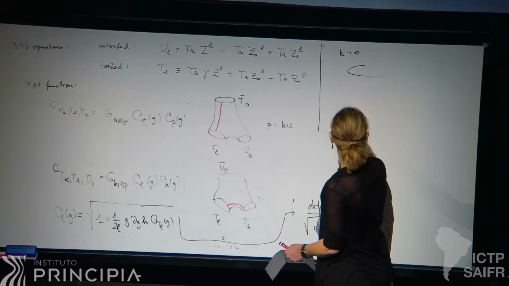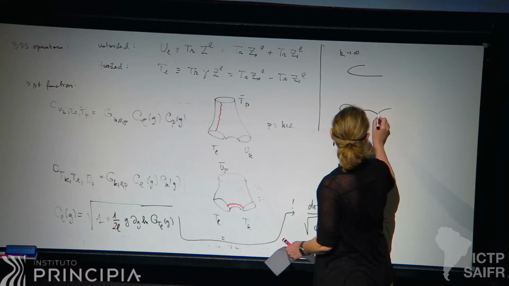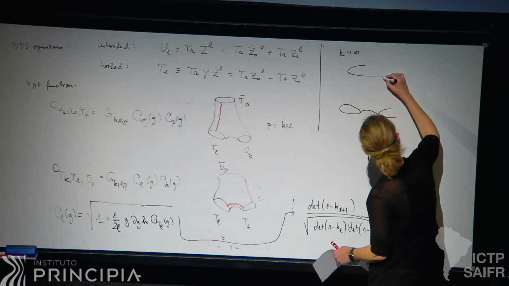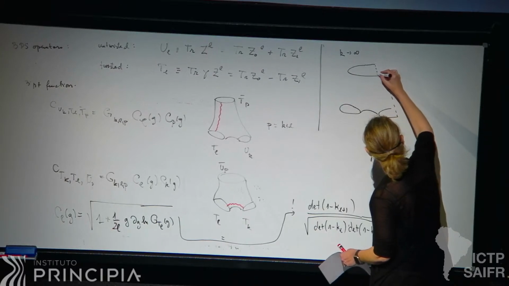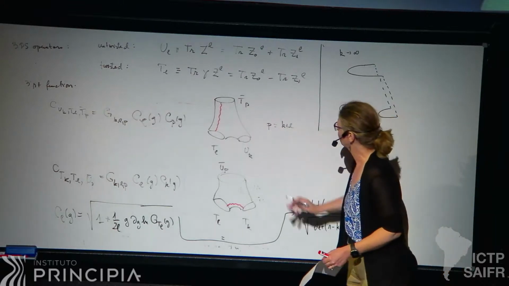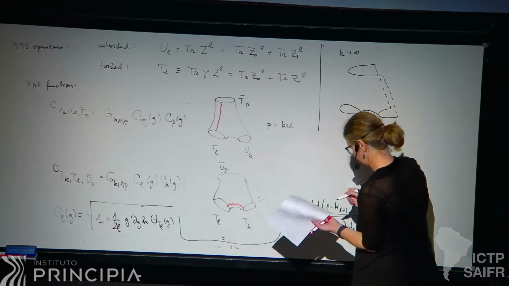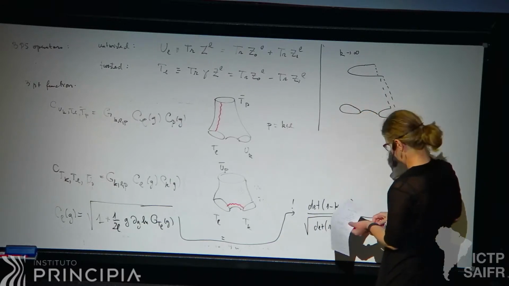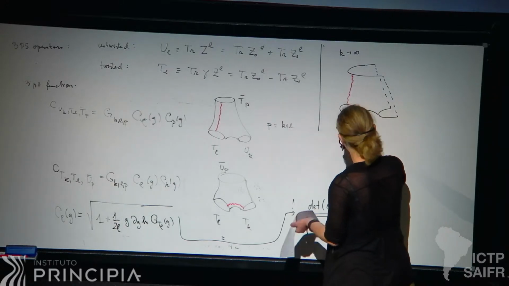I will get an object like this. I will open this part of the pants because I don't want to care about it. And then now I have my bridge and my twist.